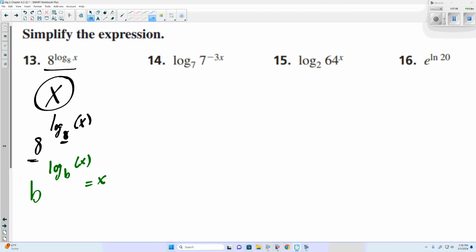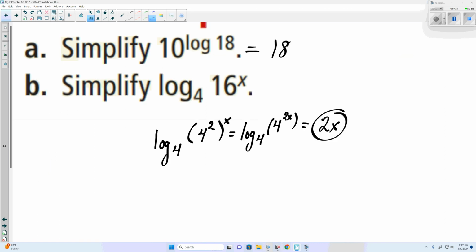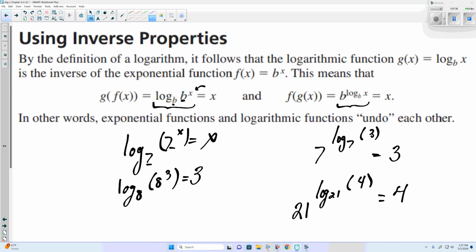Questions on number 13? Which part? What's the base with this here? So we're saying 10 to the log base 10 of 18 is, and we know that because if the base and the base of the logarithm are the same, it simplifies to just this here.